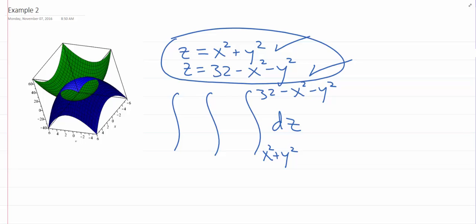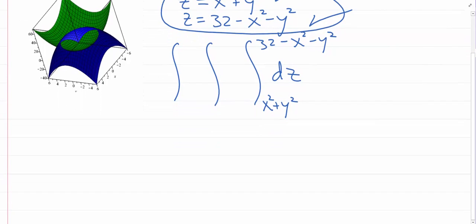Okay, now, we've gotten z taken care of. Now let's see what x and y are. What I have to find out is, what is the intersection of these two surfaces? And then I'll project that down on the xy plane. So let's find out what the intersection is. We've got x squared plus y squared equals, that's what z equals. Well, z is also equal to this.